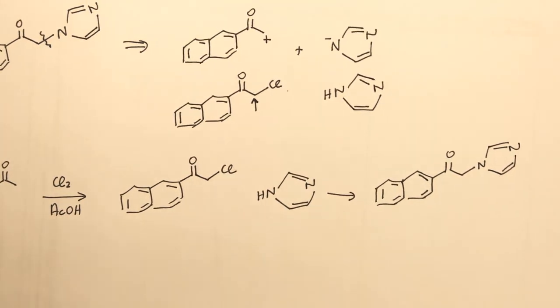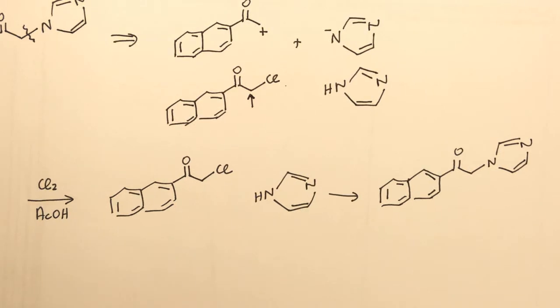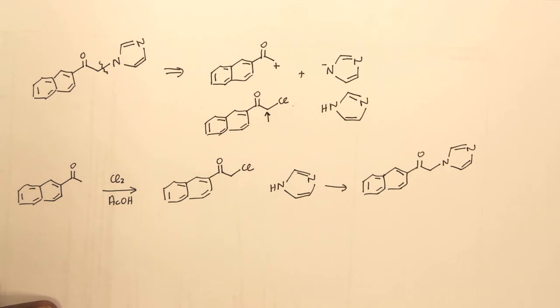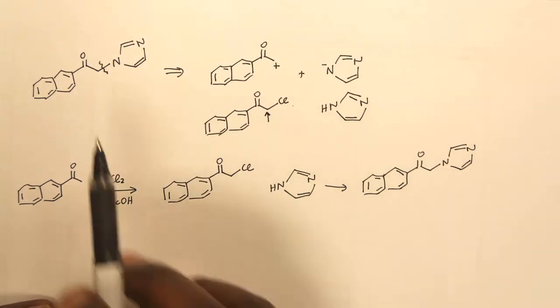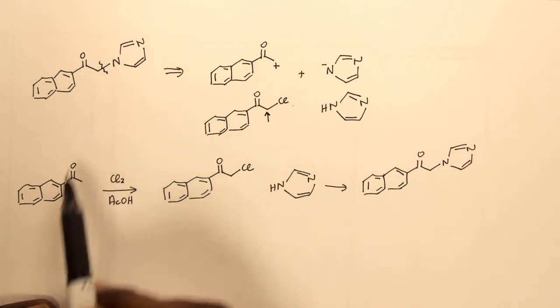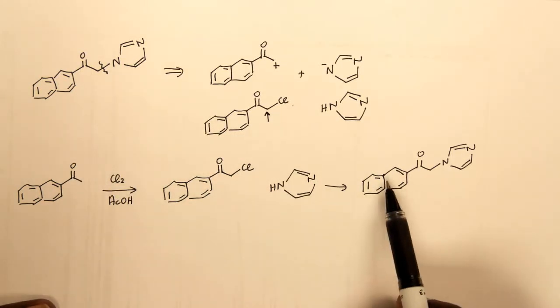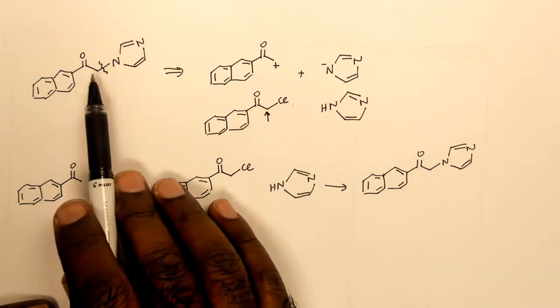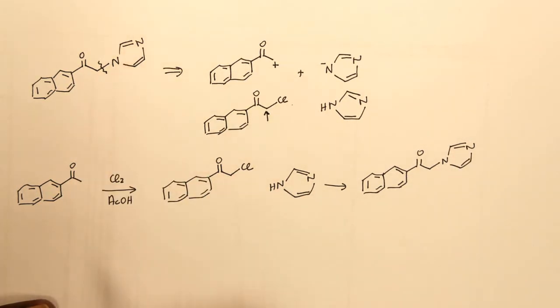I take a quick look at my structure to see that I have all my carbon atoms intact, and you can see if I started off with a naphthalene structure and a carbonyl group, I have a naphthalene structure and a carbonyl group in my molecule. My alpha carbon is there and my imidazole is there as well.